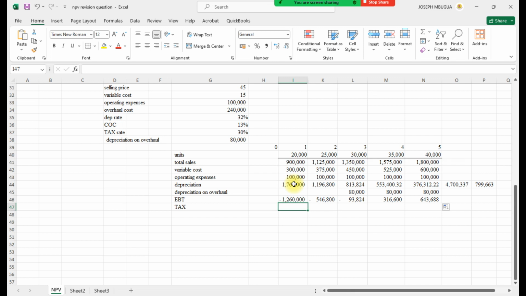So there are two methods to deal with depreciation whenever you are dealing with capital budgeting or NPV. You either deduct depreciation and add it back because it's non-cash, and the reason you normally deduct it is for tax purposes, or the other option is to add back the depreciation tax shield.